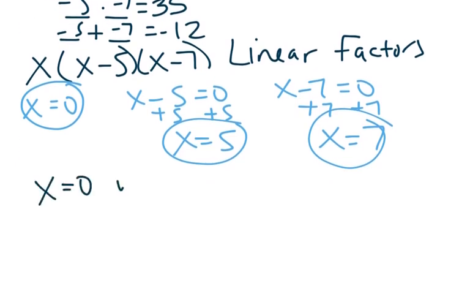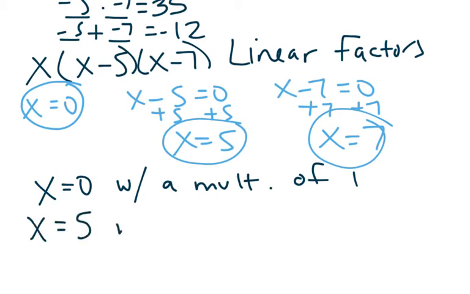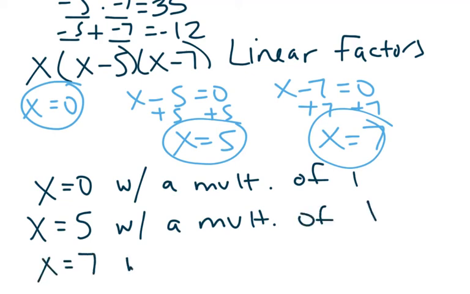X equals 0 with a multiplicity of 1, because it occurs one time. X equals 5 with a multiplicity of 1. X equals 7 with a multiplicity of 1. 1, 1, 1. We just counted. That's all we did.